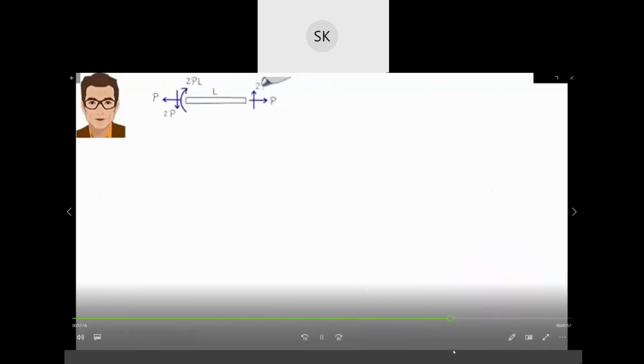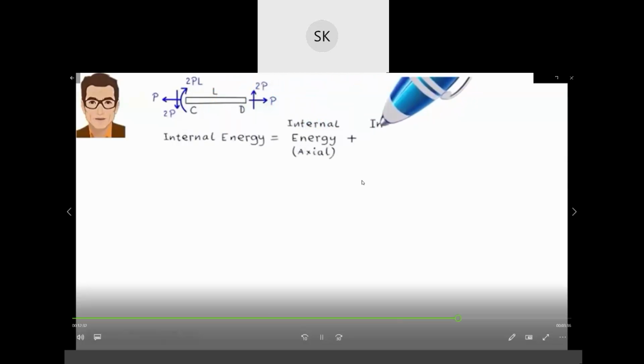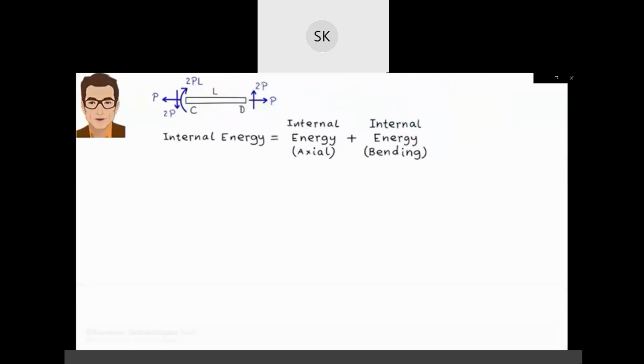Finally, we consider member CD. Like AC, this member carries an axial load, a bending moment, and a shear force. Ignoring the shear deformation, the internal energy in the member can be written as the sum of two terms: internal energy due to axial force and internal energy due to bending.